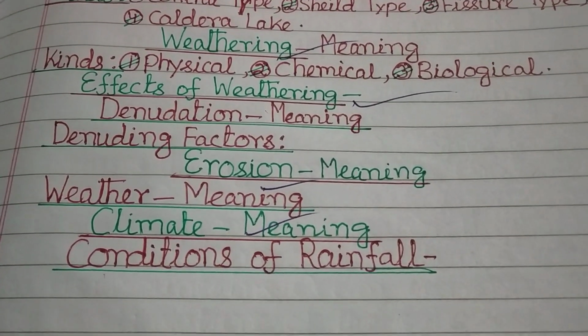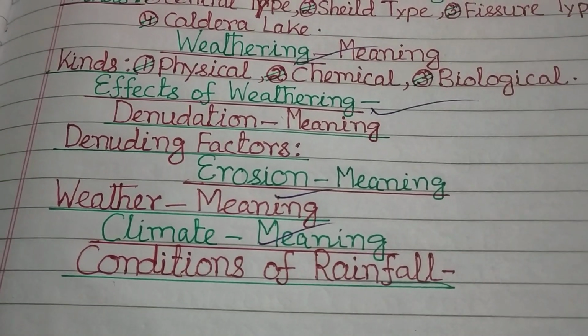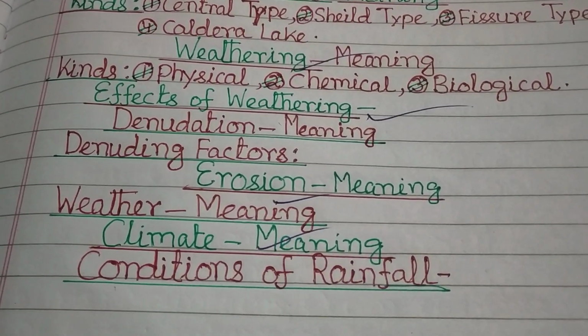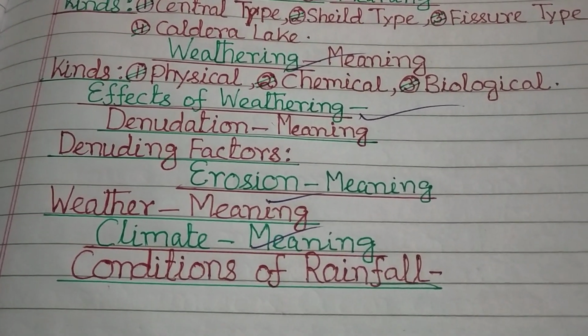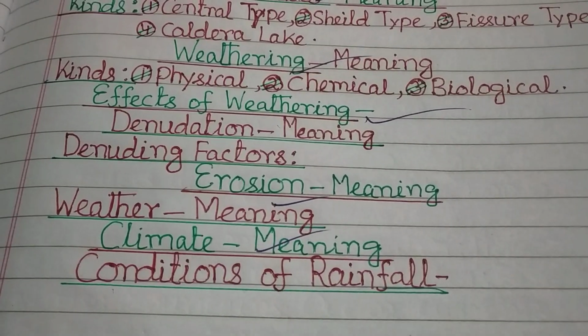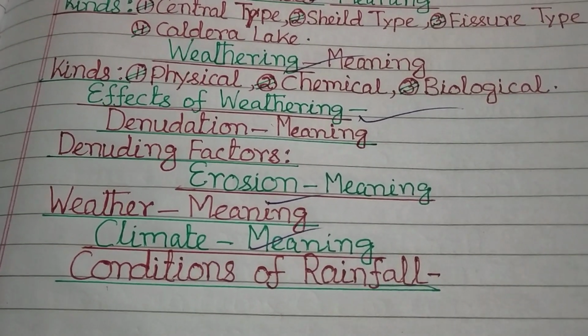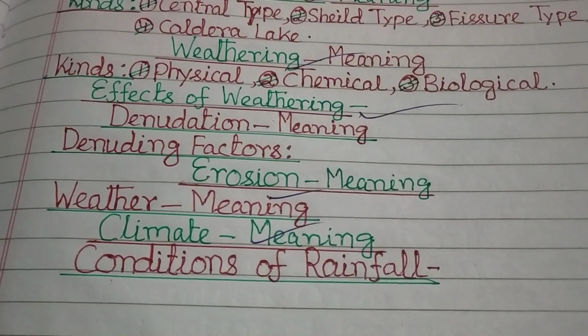And in short, erosion means when the uppermost surface of the earth is worn out by the action of water, wind, storms, then it is simply called soil erosion.